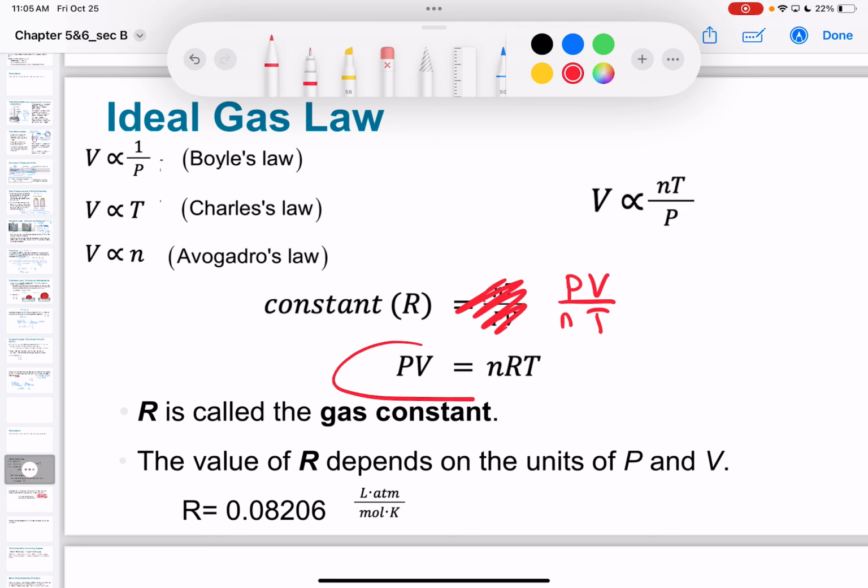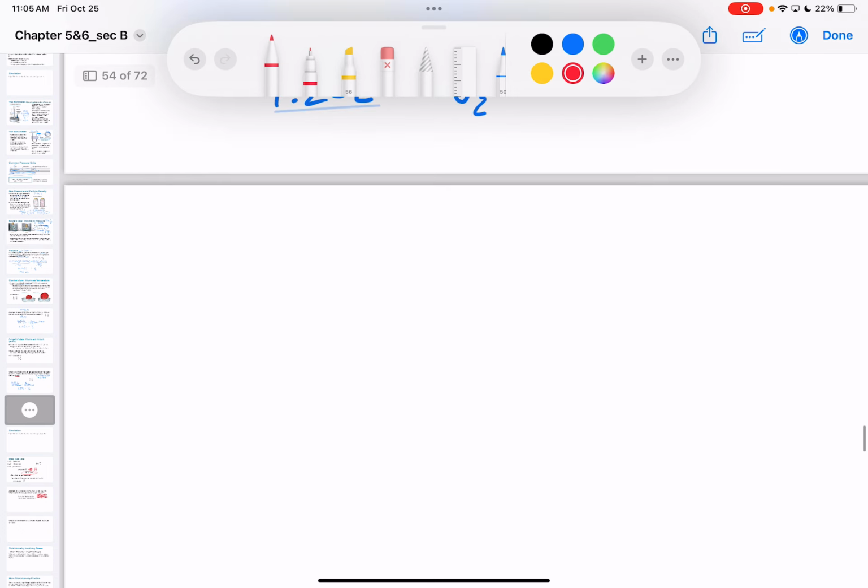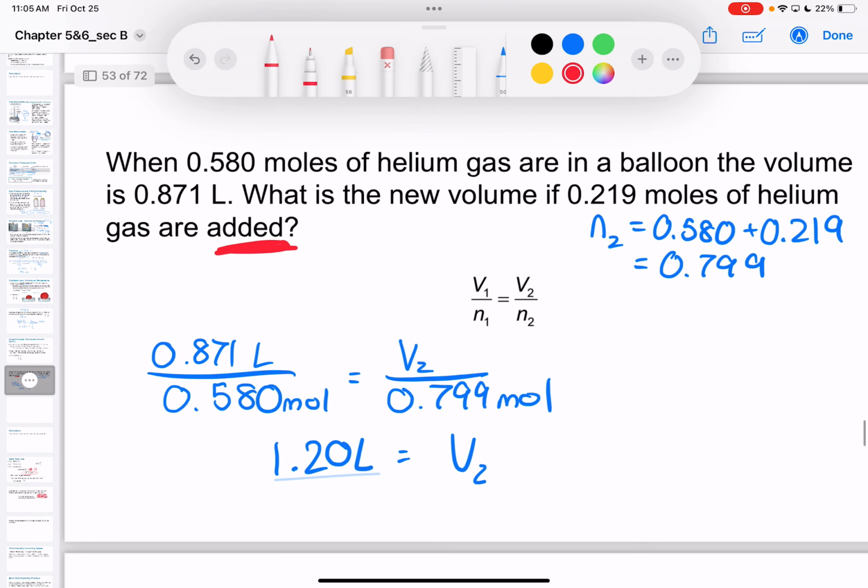Now, most of the time in the textbook, online, on the equation sheet, you're going to see it in this form, PV equals nRT. And this is really good if you are dealing with an individual state. See how these ones are changing, right? We have moles and liters, and then we change the amount of moles, and we're looking for the new volume, the new liters.